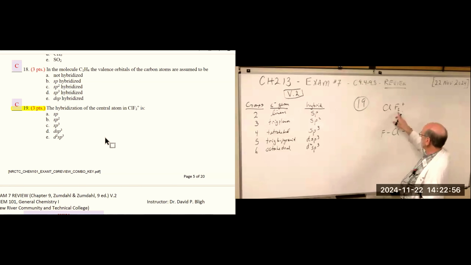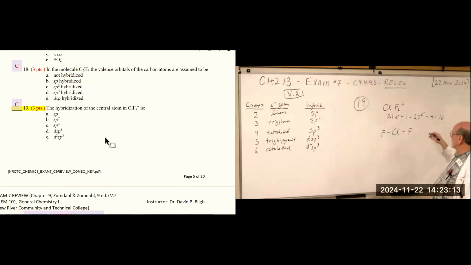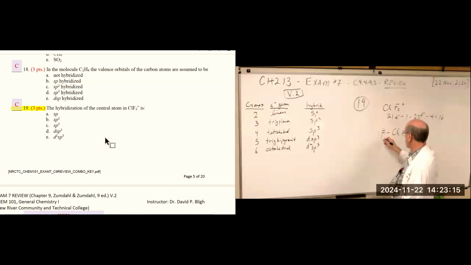Let's add up, 1, 2, 3 times 7 is 21 electrons, right? 21 minus 1 for the plus charge. So we actually have 20 electrons. Okay, 2, 4, that's 16. 2, 4, 6, 8, 10, 12.